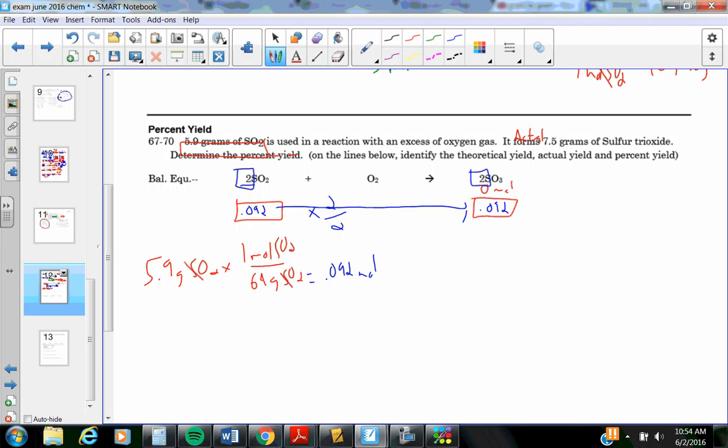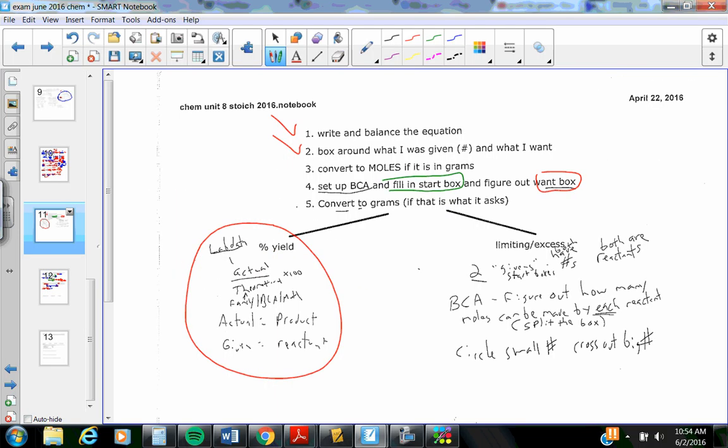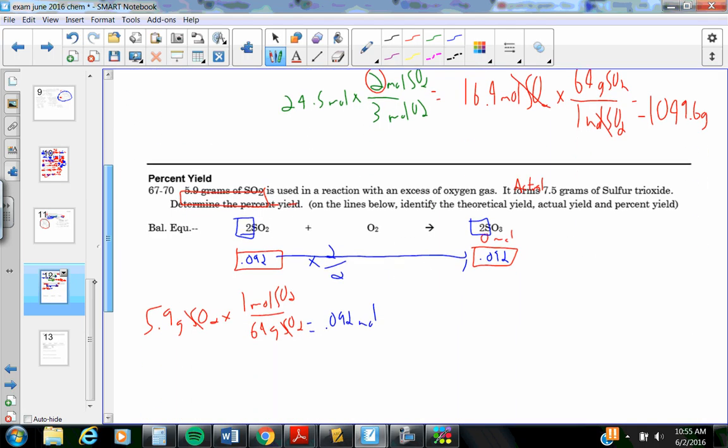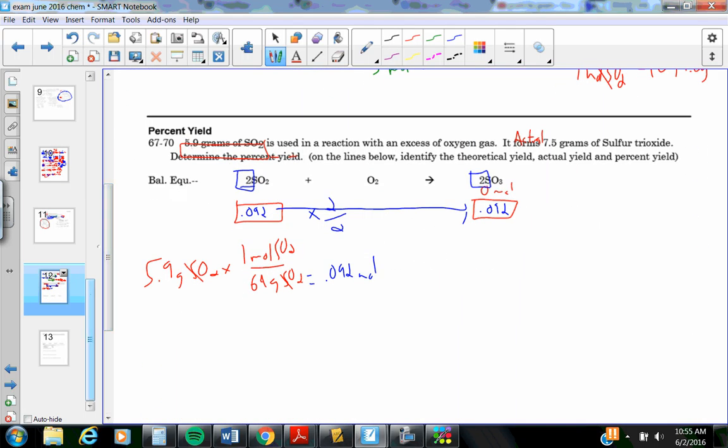I've got a lot of steps that I just did. I converted to moles, I set up the BCA, I filled in the start box, I even figured out the want box. And now I have to turn it into grams, because that's how we measure stuff. How much does 0.092 moles of SO3 weigh? 1 mole of SO3 is 80 grams.